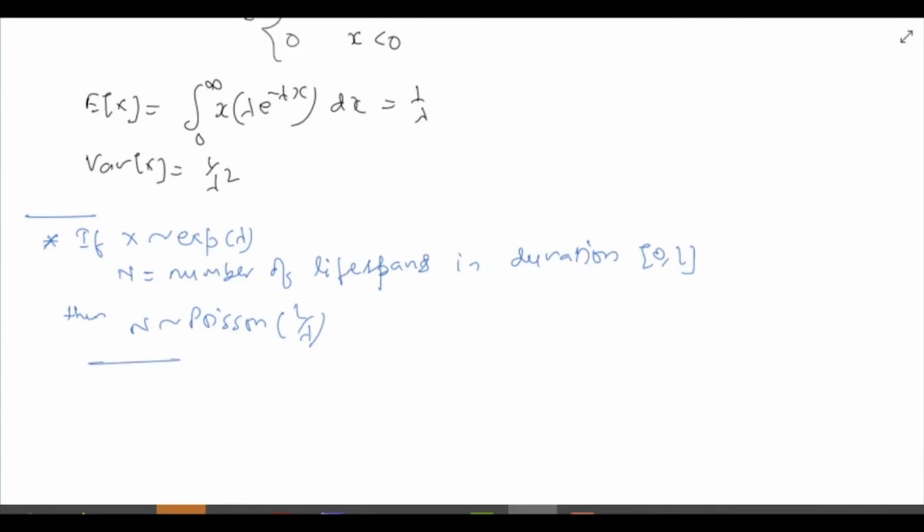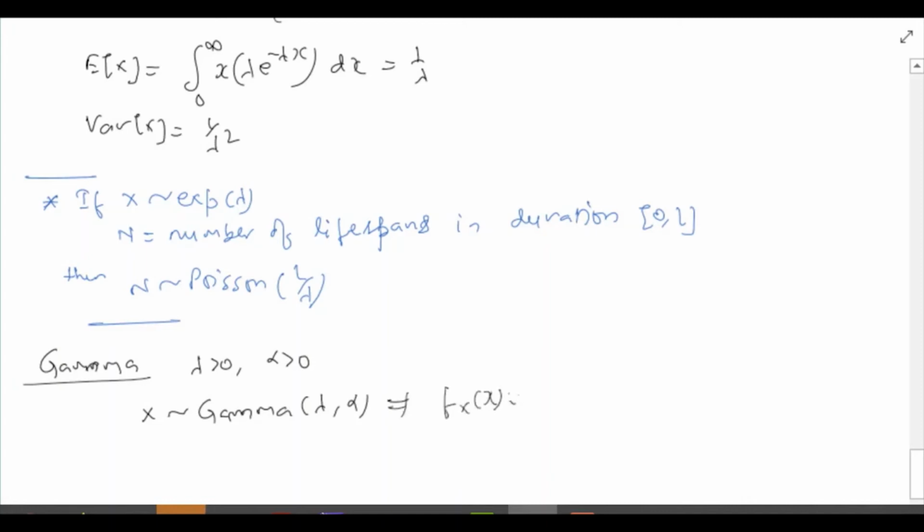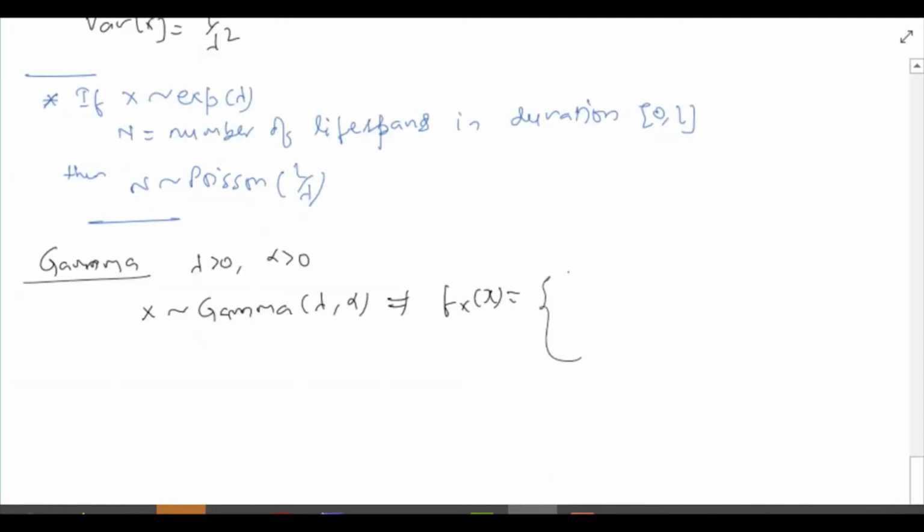The next distribution that we will see is also one very commonly encountered, and this is gamma distribution. For constants lambda and alpha that are both positive, x is said to be gamma distributed with parameters lambda and alpha if it has density lambda raised to alpha, x raised to alpha minus 1, e raised to minus lambda x divided by gamma alpha, for x greater than or equal to 0 and 0 for all negative values of x.